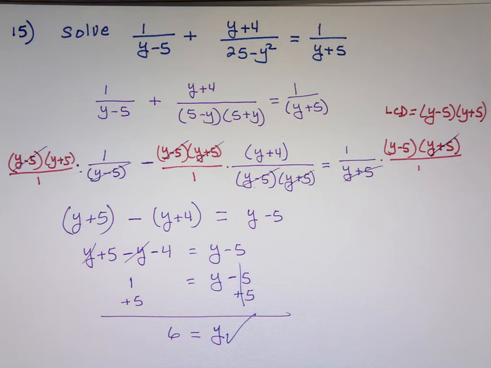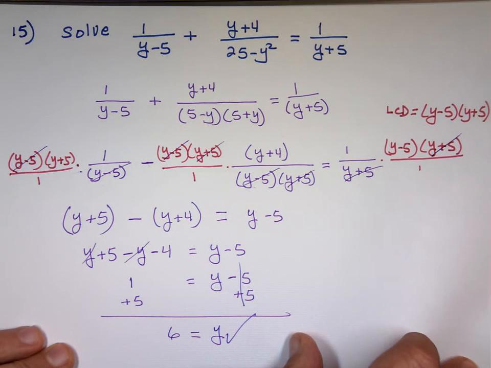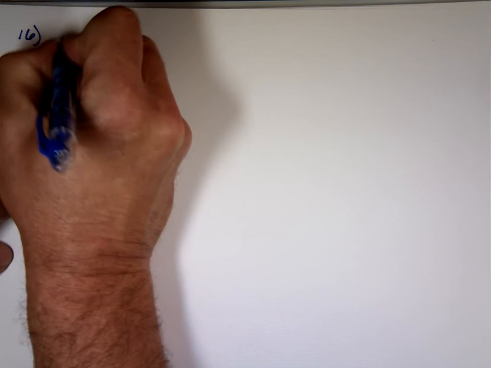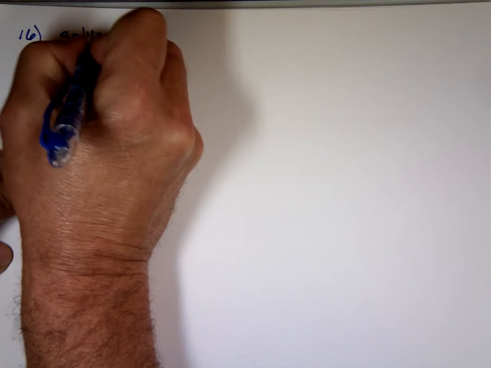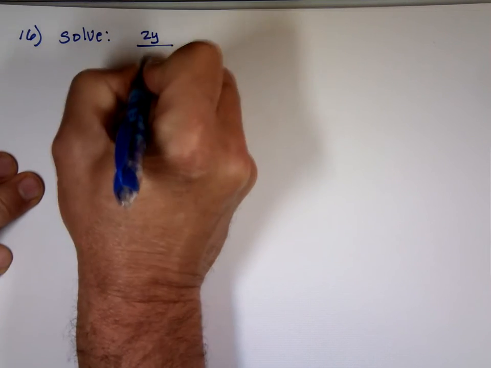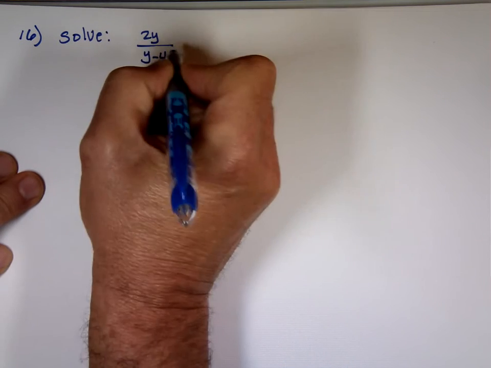Let's try another one. Solve, that's an equation here. 2y over y minus 4 minus the 2.